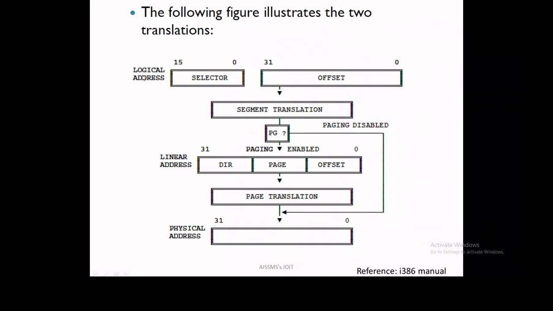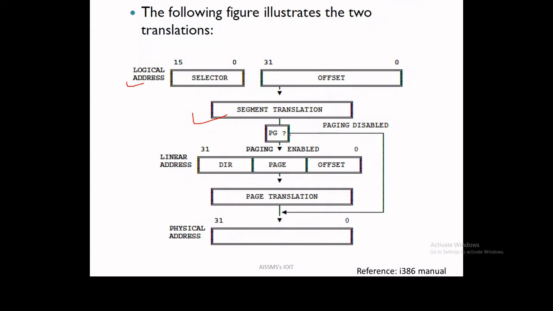The logical address is the address we have used in our program. That logical address is converted into the linear address by segment translation. Then it is checked whether the paging mechanism is used or not.